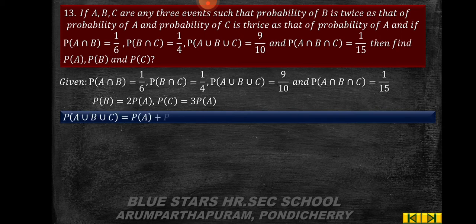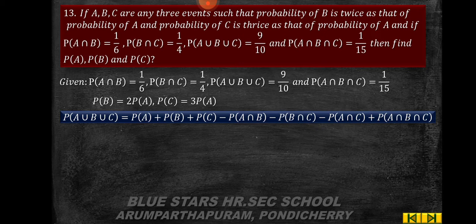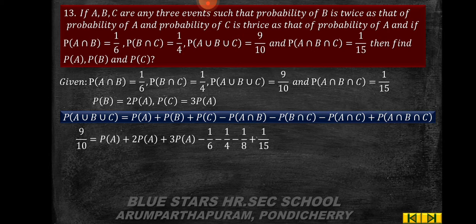Then P of A union B union C is equal to P of A plus P of B plus P of C minus P of A intersection B minus P of B intersection C minus P of A intersection C plus P of A intersection B intersection C. So 9 by 10 is equal to P of A plus 2 into P of A plus 3 into P of A minus 1 by 6 minus 1 by 4 minus 1 by 8 plus 1 by 15.